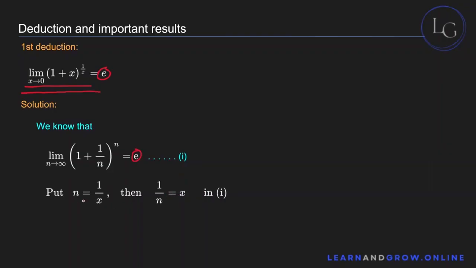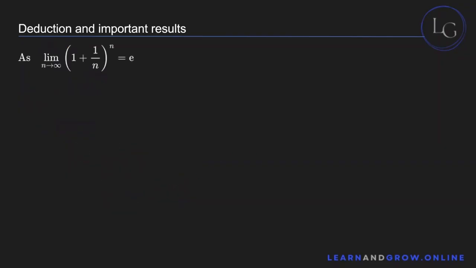Now substitute this and this in this. But here's the thing. Since you're writing n in terms of x, you'll also have to change the limit, so the limit must be in terms of x as well. When n approaches infinity, x approaches 0, because 1 over infinity is 0.